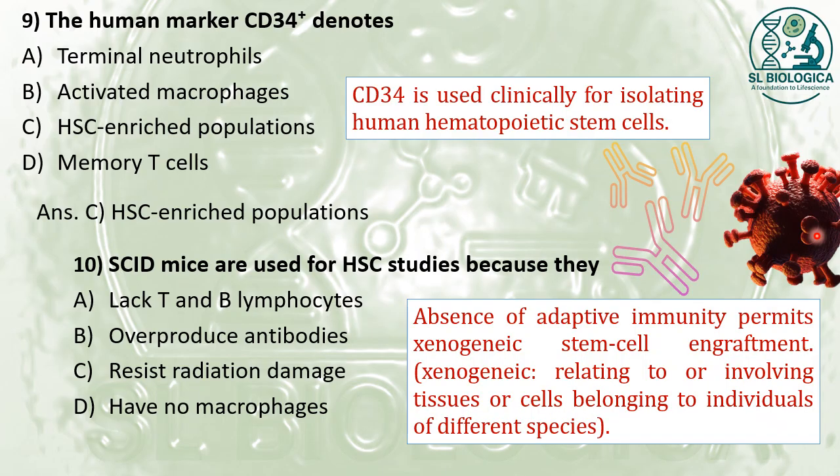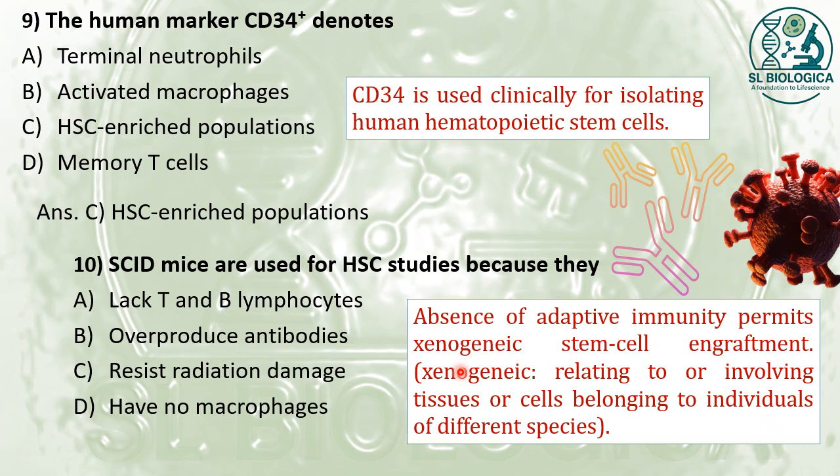So the skid mice will be lacking various immune responses. They will be lacking the adaptive immunity so that we can do the xenogenic stem cell engraftment. Xenogenic means something related to cells or tissues which is transplanting between individuals of different species.